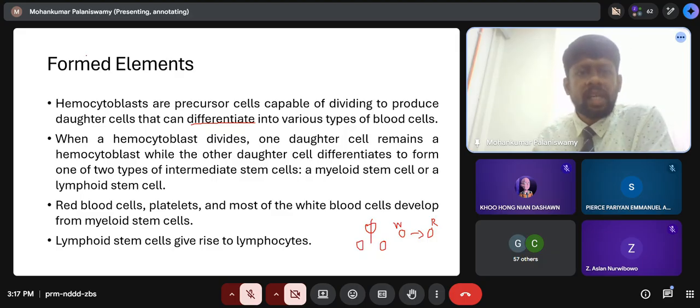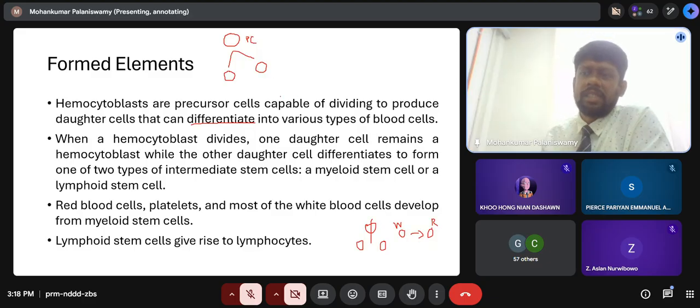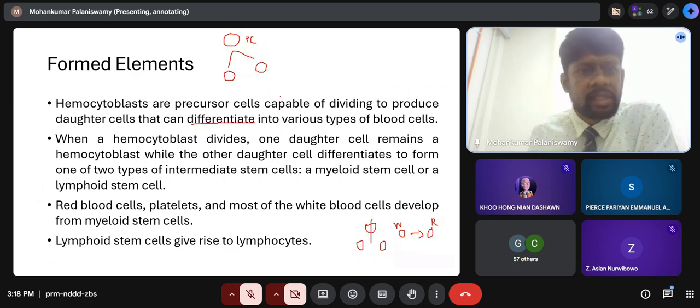Hemocytoblasts are precursor cells capable of dividing to produce daughter cells. So we have the hemocytoblast, the parent cell or the precursor cell. It is capable of dividing to produce daughter cells. Once it is divided, it produces daughter cells, and those cells can differentiate into various types of blood cells, either WBC, RBC, platelet, whatever it is.